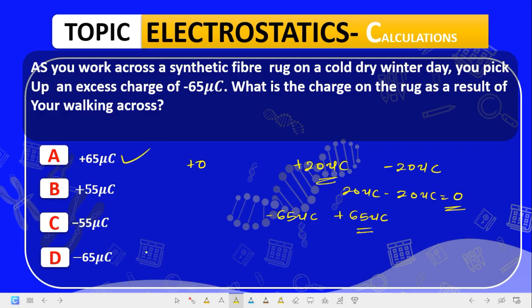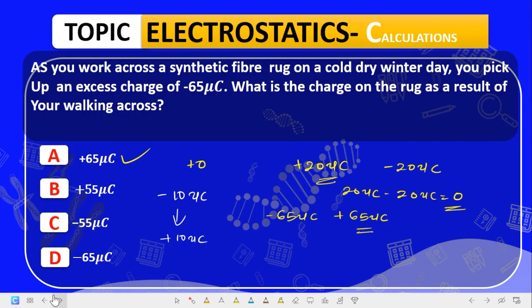So the correct answer is plus 65 microcoulomb. Now let's assume you created, let's say, minus 10 microcoulomb. What will be simultaneously created? Can you guess the answer? This will be plus 10 microcoulomb charge, and that is the answer to that question.